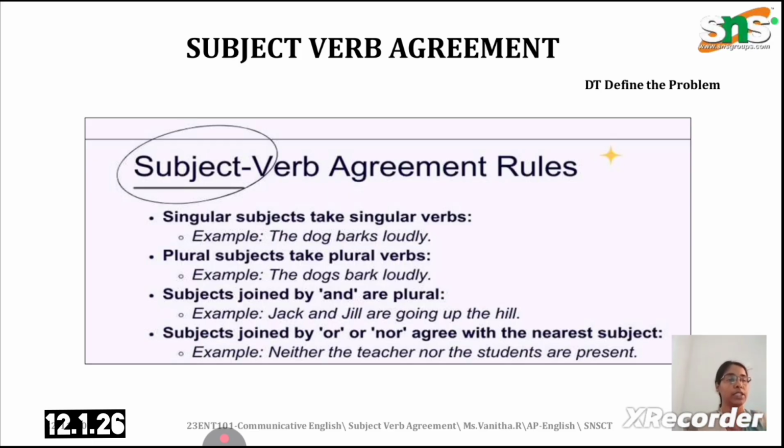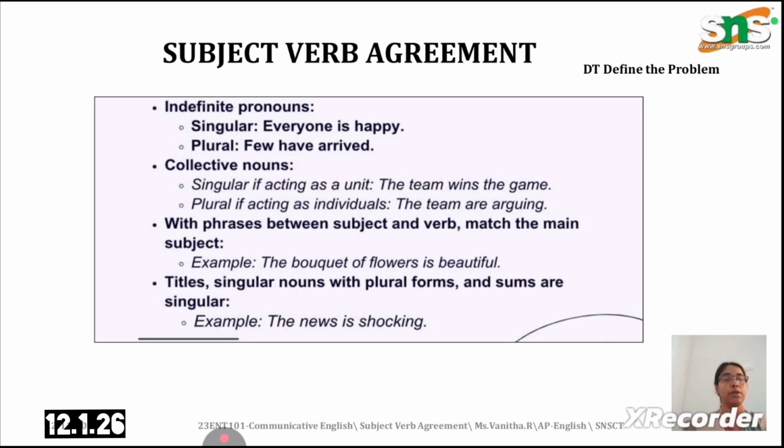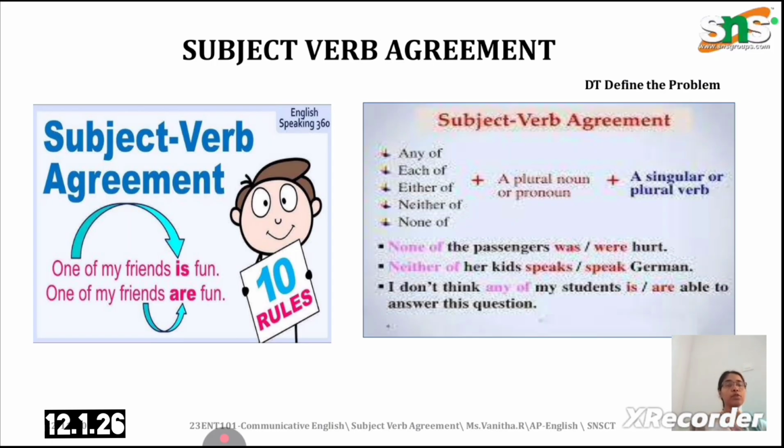Subject-verb agreement rule 2 is the use of and. Subject-verb agreement is combined with the and. When you use and, a compound subject using the conjunction and takes a plural verb. For example, Krish and Radha are on their way to the airport.